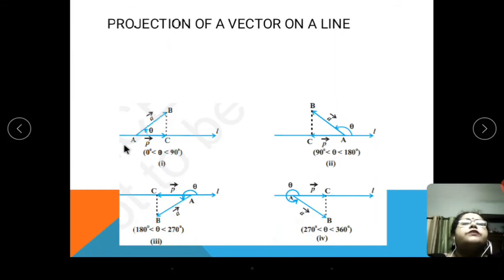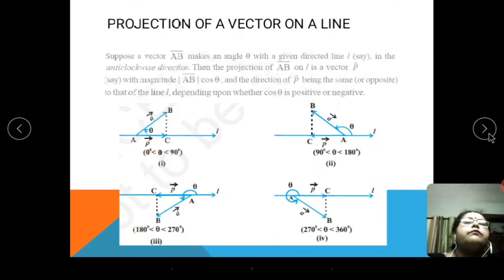We have a vector A represented by AB, and we have here a line L, and the angle between the line and the vector A is theta, shown in the anti-clockwise direction.